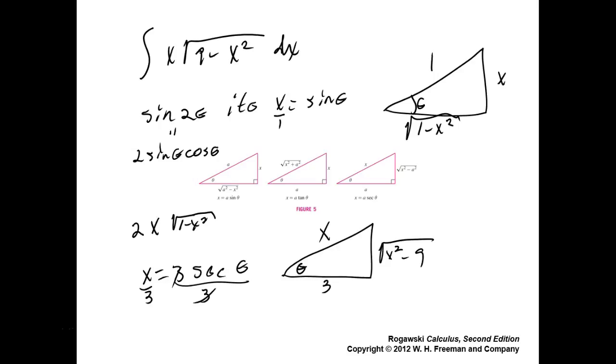But if you define the hyperbolic functions, on your page 393 or thereabouts, it shows you what those are. Hyperbolic sine of x is e to the x minus e to the minus x over 2. Hyperbolic cosine is e to the x plus e to the minus x over 2.